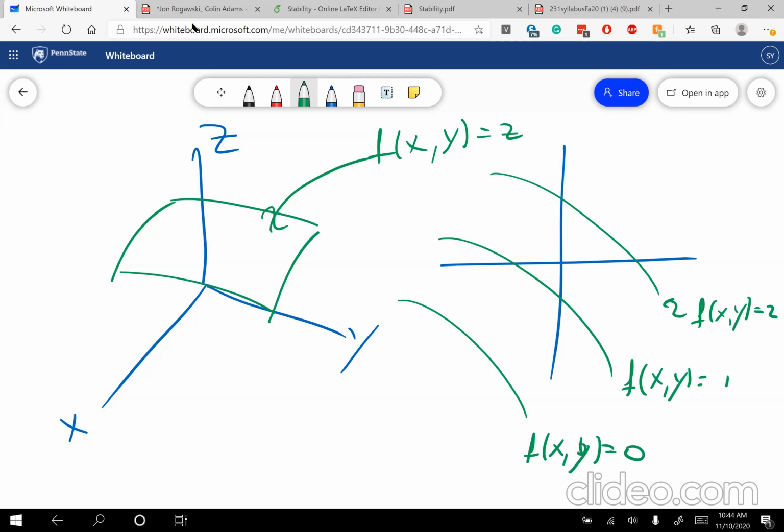Then the gradient is always going to be orthogonal to these level curves. We can first think about what happens if we go along the level curves.